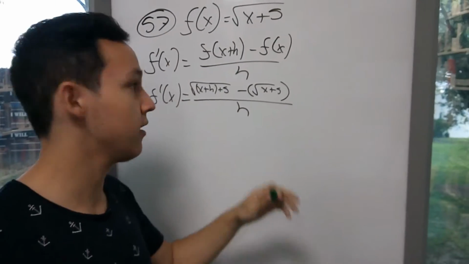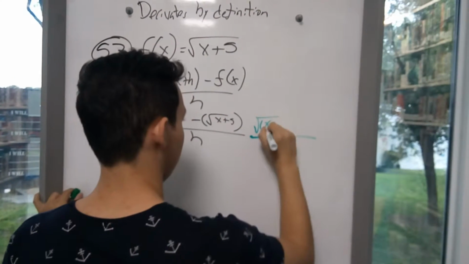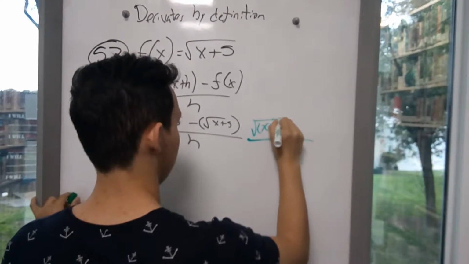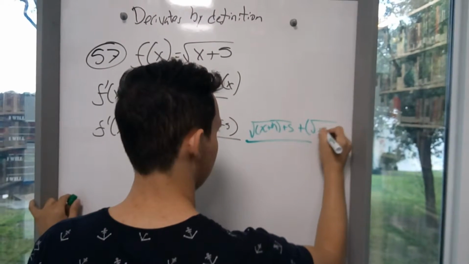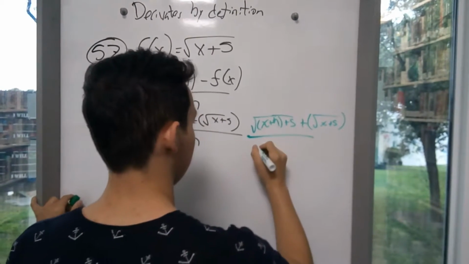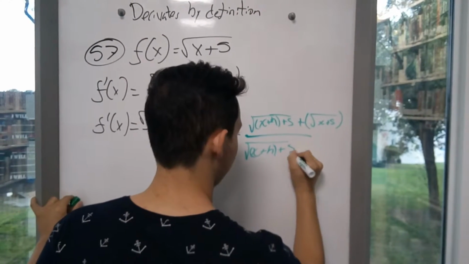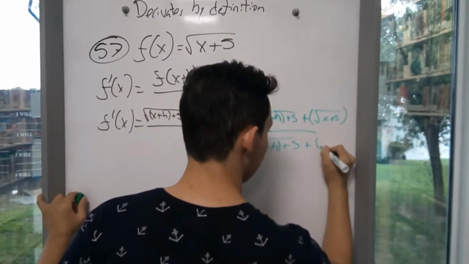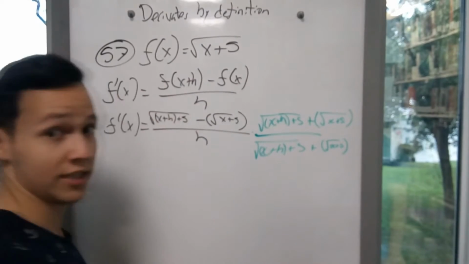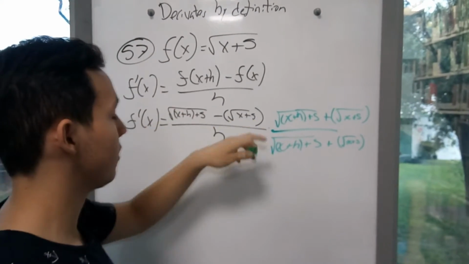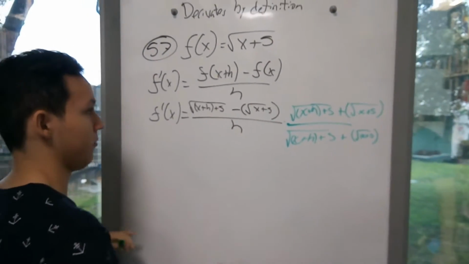Okay, so now we're going to multiply this function by its conjugate. Okay, so now that we have this, we can begin to cancel the square roots and begin to solve what's on top in the numerator, and just add this here with the h.